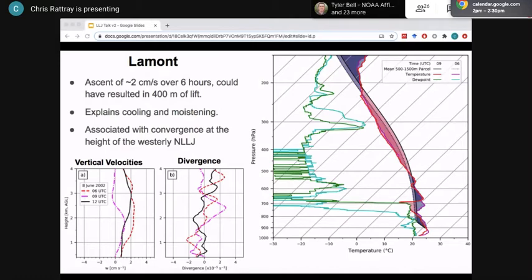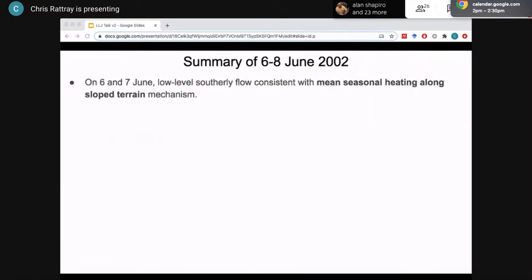It does decrease around 9 UTC, but it appears to be around 2 centimeters per second through most of the night. And this is consistent with what we saw in the cooling and moistening, and is needed to explain that, since the advections were not enough to account for these changes.